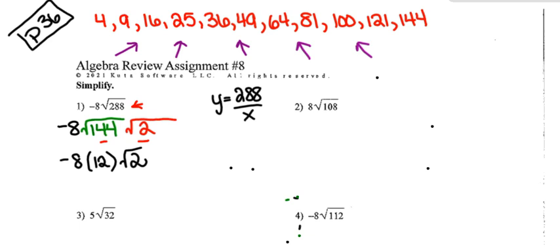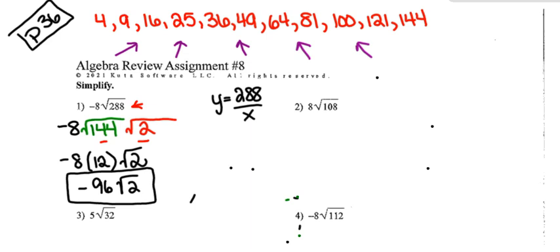And so now, when I get out my calculator and I do my -8 times my 12, that tells me -96. And it's negative because I'm multiplying a negative times a positive. And the square root of 2 remains the square root of 2 because it's not a perfect square and I cannot take its square root.